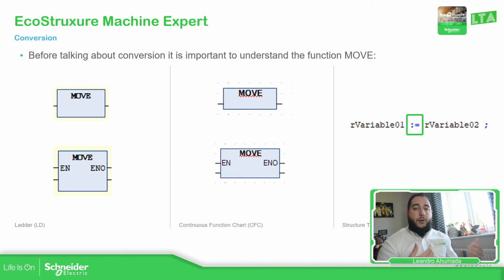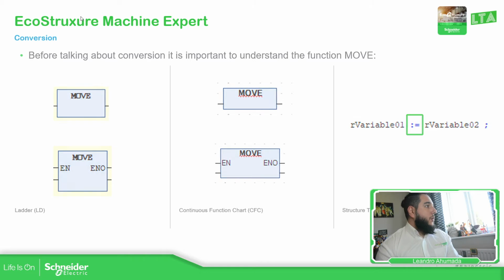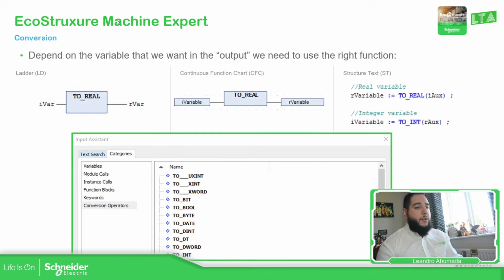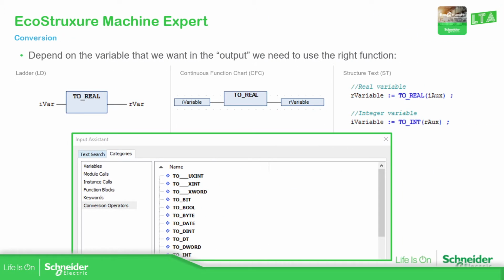So you will need to convert that into real and then continue with the operations. In order to do that, we have these conversions. Depending on the variable type that we have, we have different function blocks that you can see over here. So let me just put the pen.